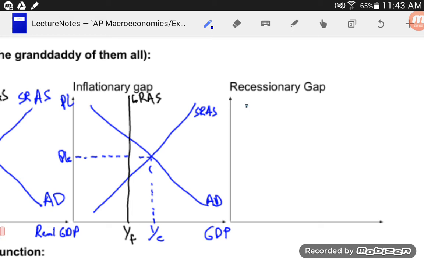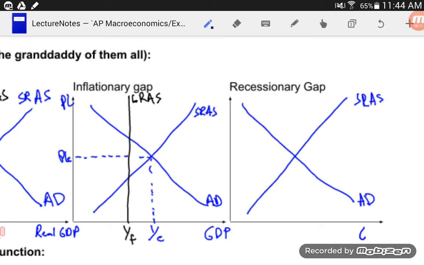What if the economy falls into a recession? Well, if I'm drawing that, it's going to look very similar to all the other graphs I've just done. Aggregate demand, GDP. Do make sure you label everything. Price level, equilibrium price level, there we go.